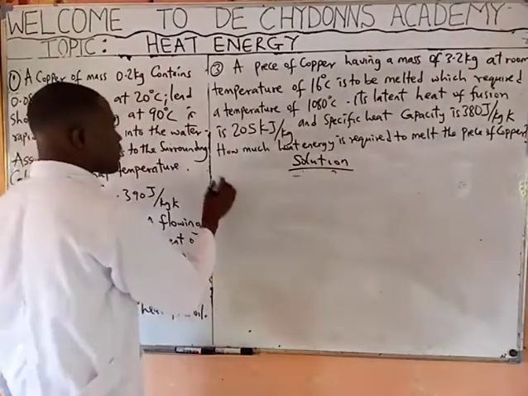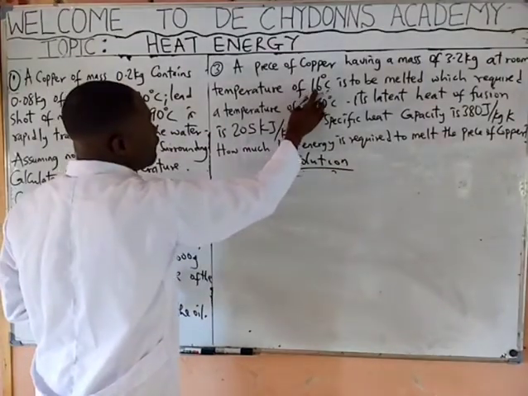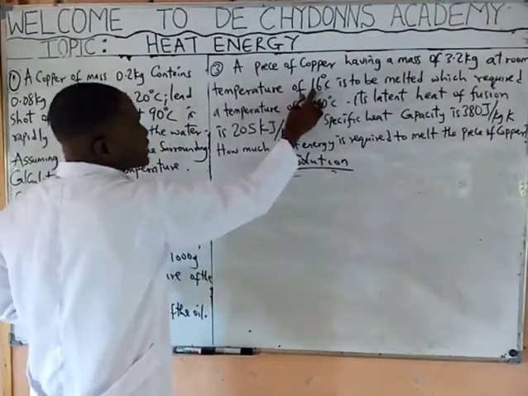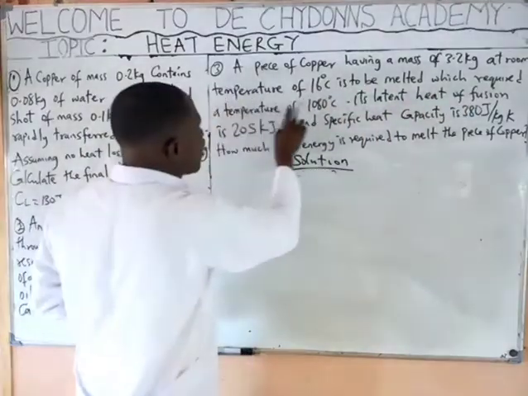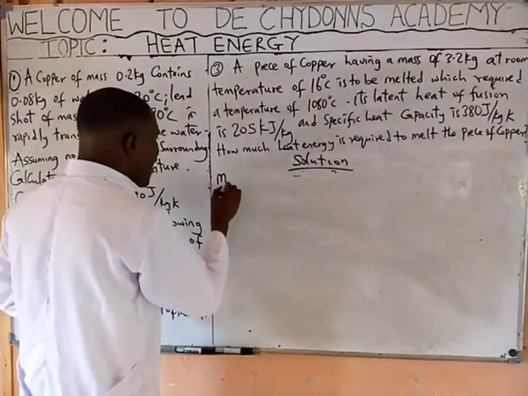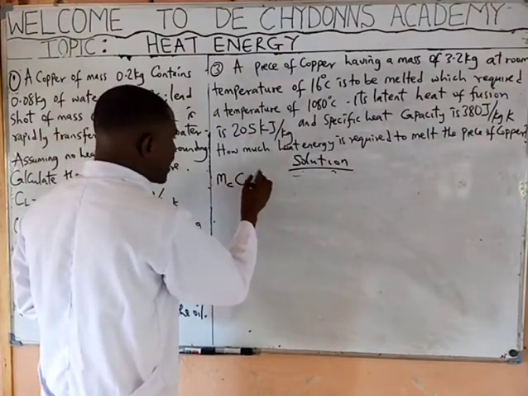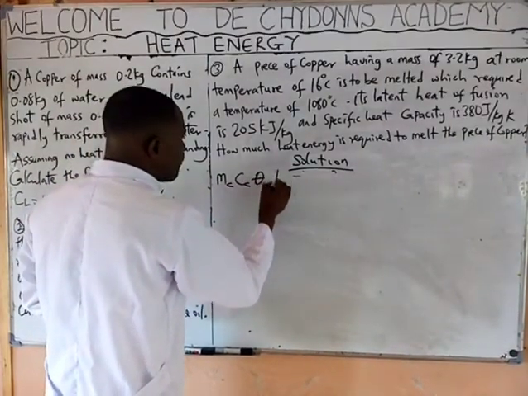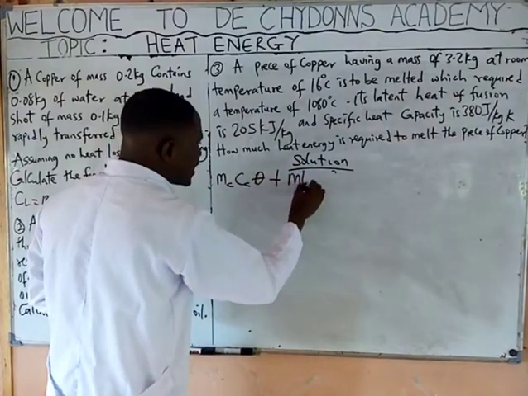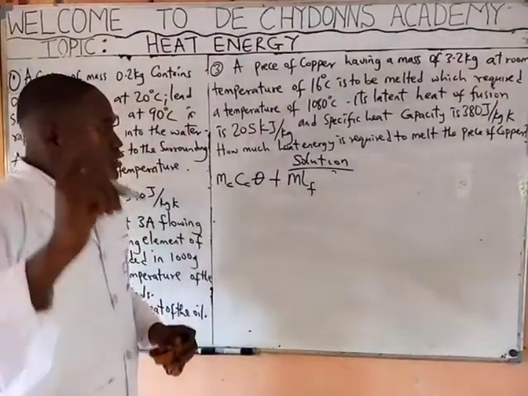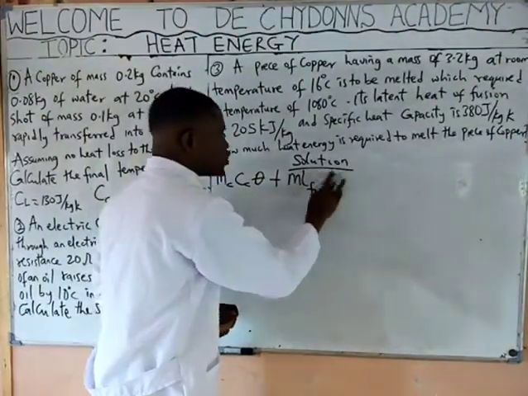So we now say you move from the required temperature. You say mass of the copper times C of the copper times temperature change, plus latent heat of fusion. Why do we say plus latent heat of fusion?